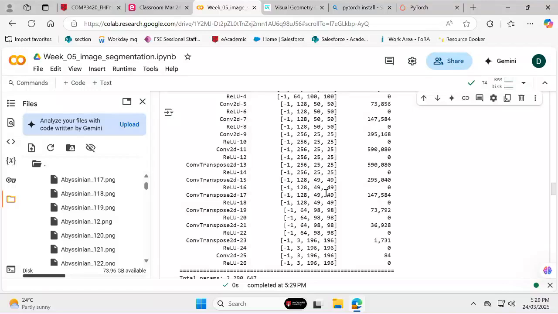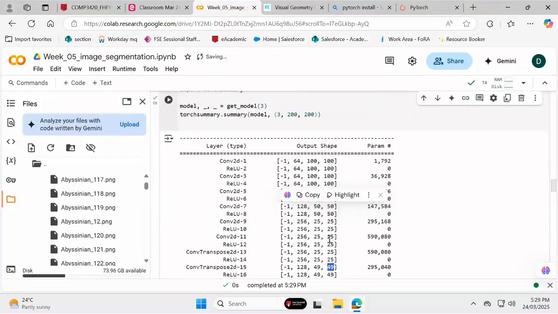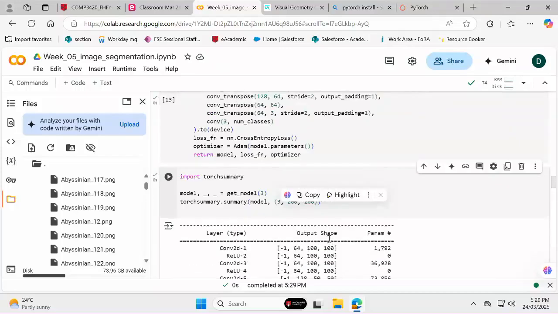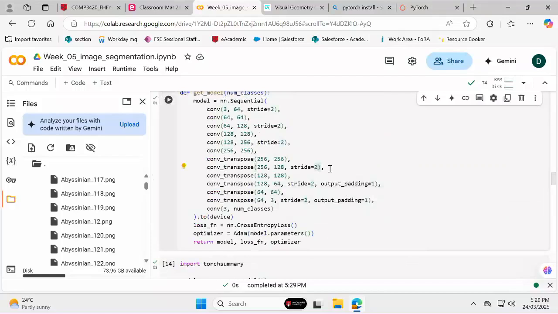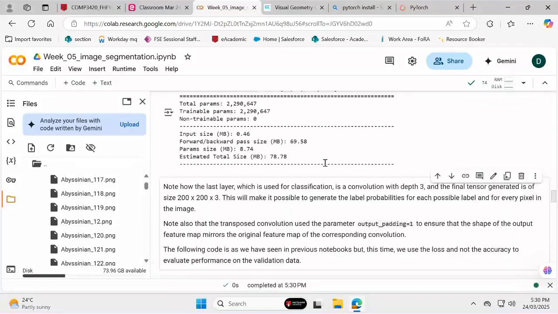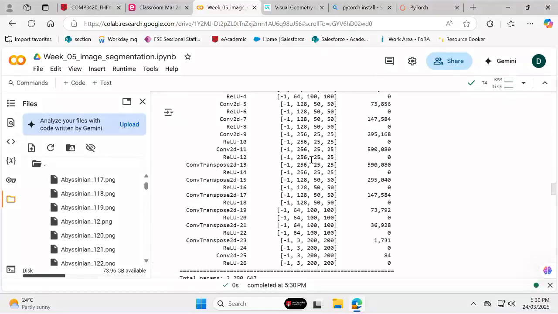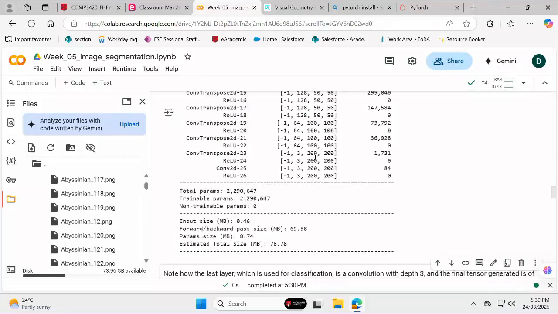So if it says 49, add 1 more, 50. If it says 48, add 2 more, until 50, and so on. So now it's fine.